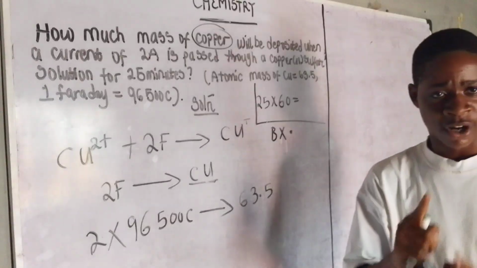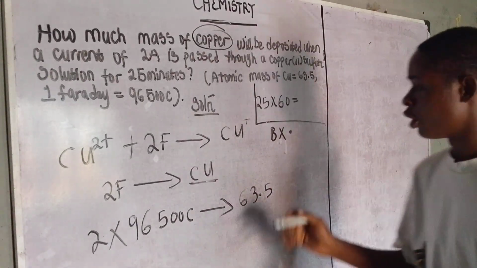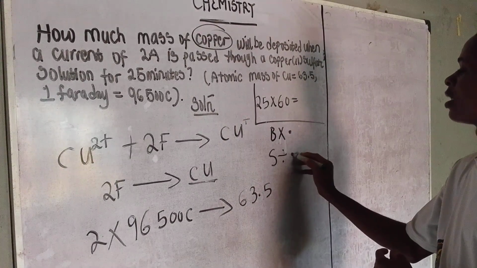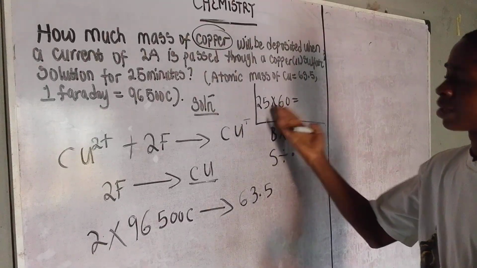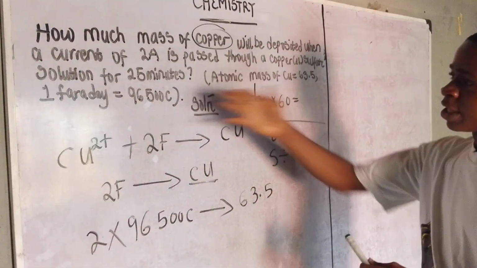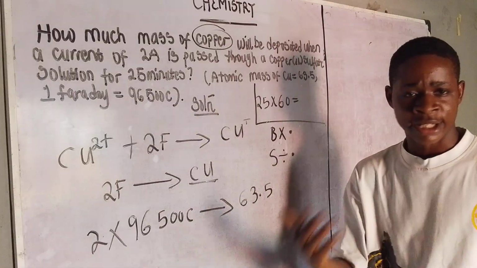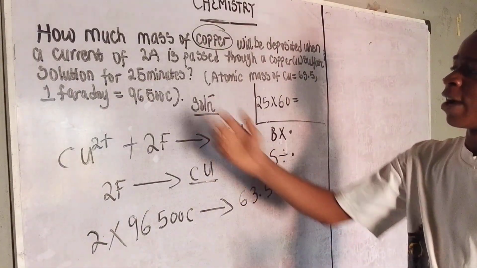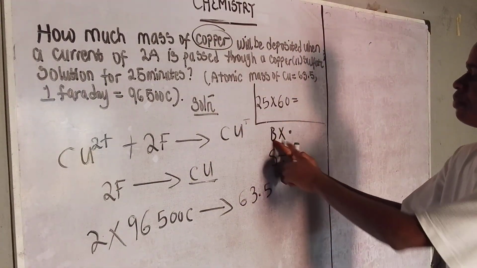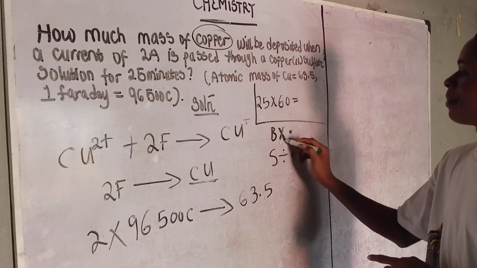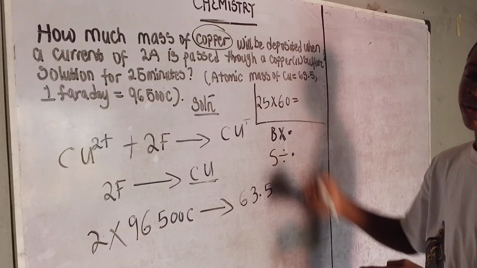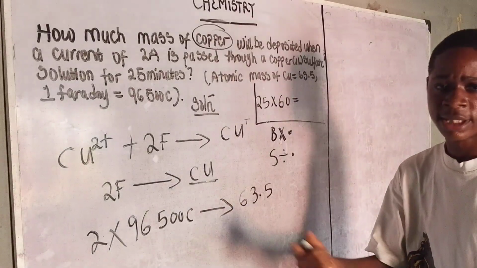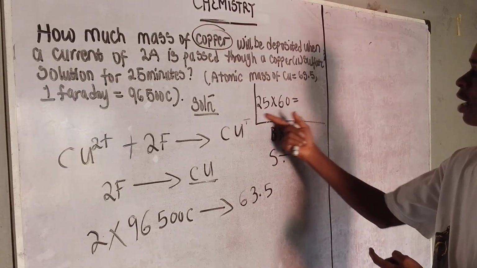Whenever you are transferring from smaller to the bigger unit, you say smaller divided by whatever is the point of reference. So if you come to time now, we are converting minutes to the standard unit, which is seconds. So if you have 25 minutes, you're converting big to small, so you multiply it by whatever is the reference. In this case, the reference is 60. So we're going to multiply it by 60.